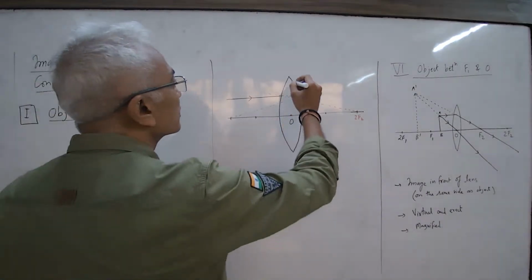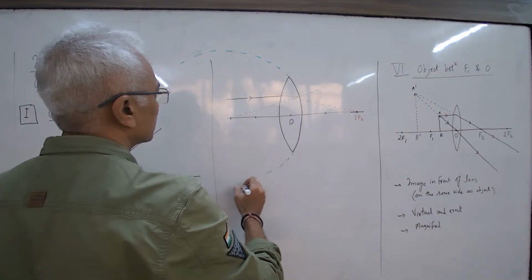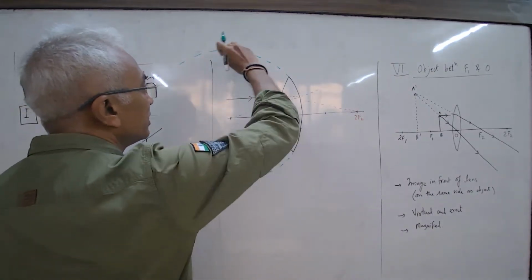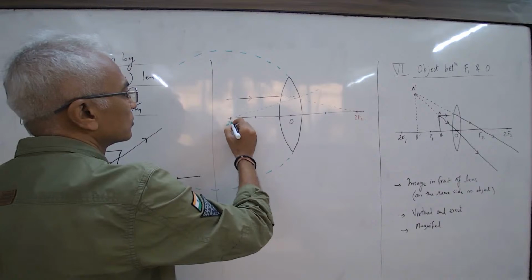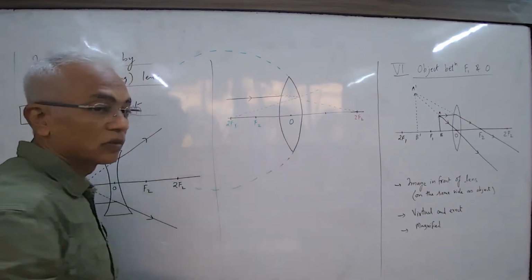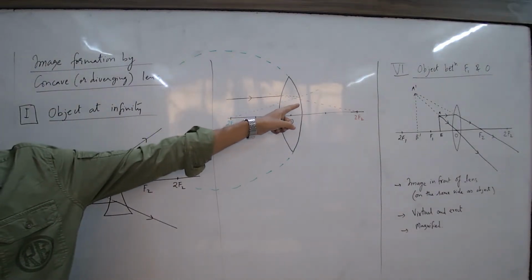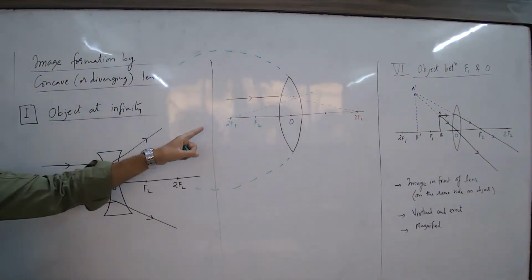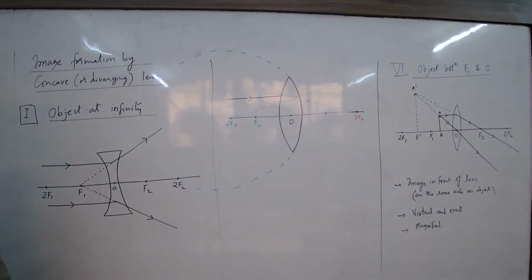What is the radius to this surface? This is a normal at a circular surface, not a flat surface. So this is the point of incidence. Then you join the radius, the center of curvature. Yes, the radius of curvature.